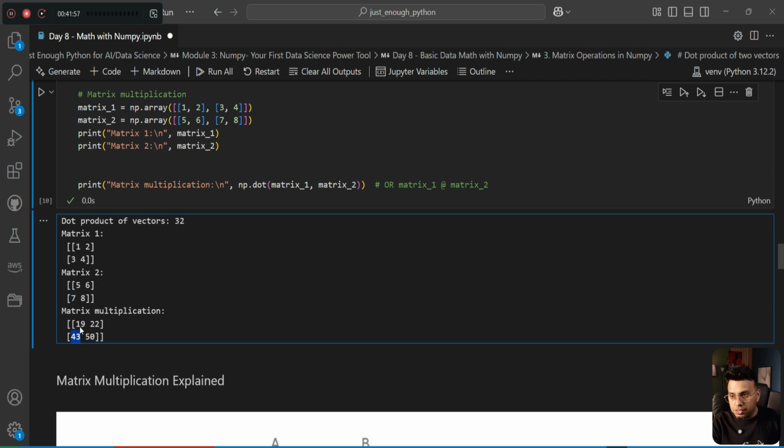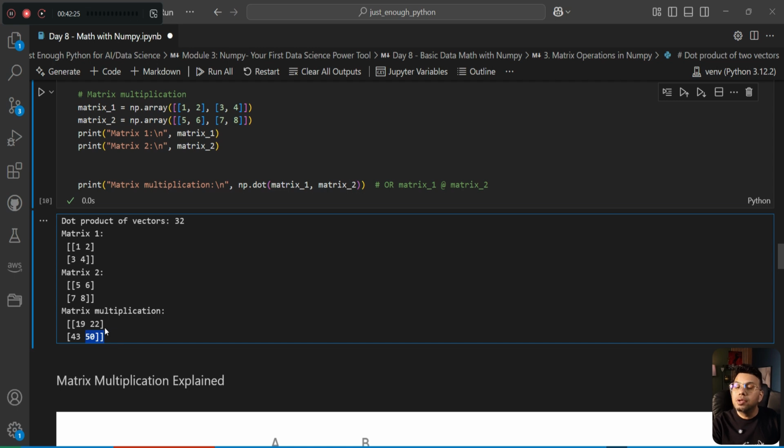That's what we get here. And to get this value, we operate on row 2 of matrix 1 and column 2 of matrix 2. So 3 into 6 is 18 and 4 into 8 is 32. 32 plus 18 is 50. That's what we are receiving here.